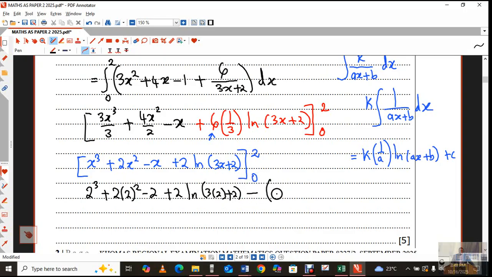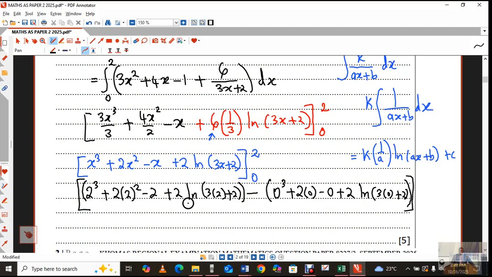Now take the lower limit at 0 cubed plus 2 times 0 squared, minus 0 plus 2 times the natural log of 3 times 0 plus 2. One of the things you should never assume is that this second answer is definitely a 0. So do not assume that. Okay. So we started with the upper limit and then the lower limit.